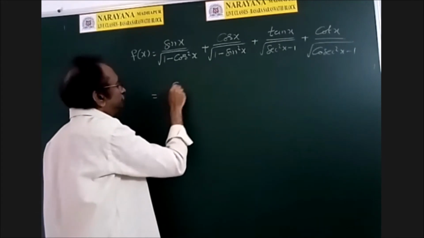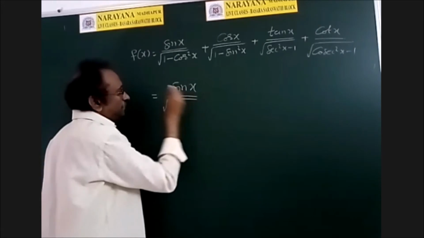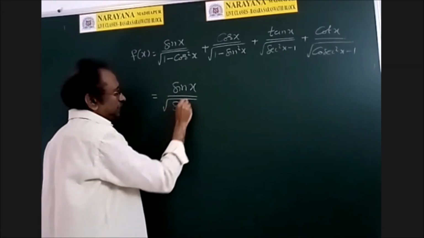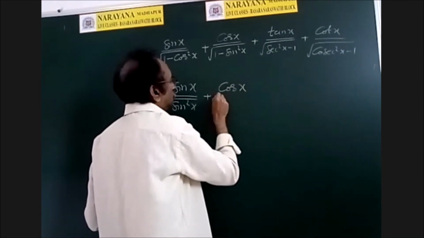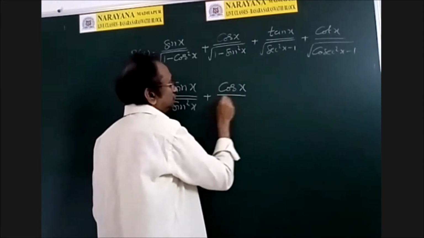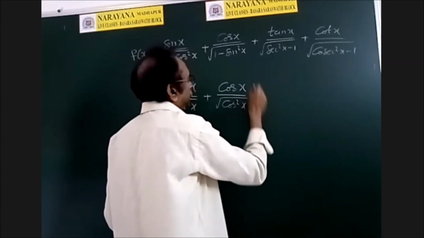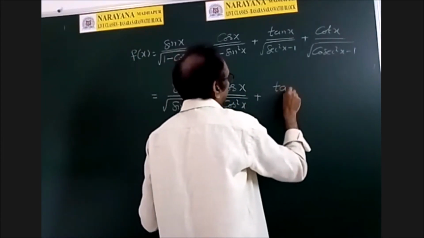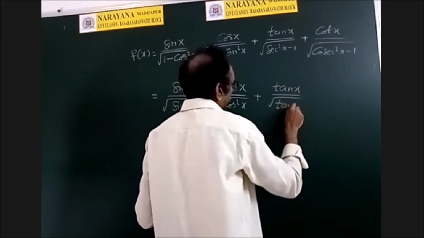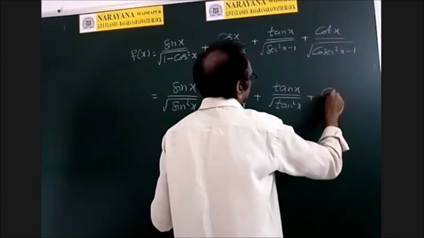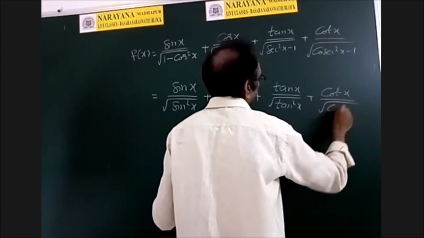See this one. This is equal to sin x by what is 1 minus cos square x, sin square x, plus cos x by what is 1 minus sin square x, cos square x, plus tan x by square root of tan square x, plus cot x by square root of cot square x.